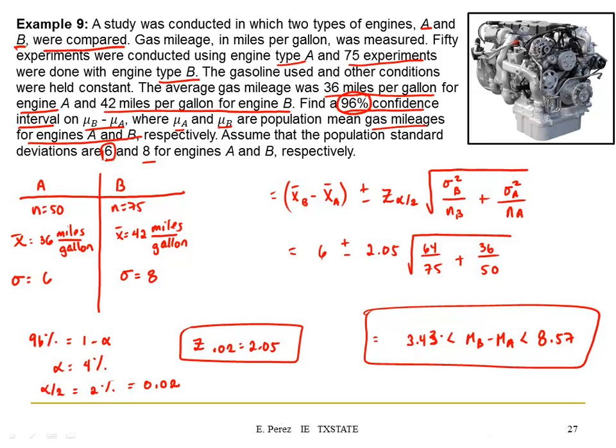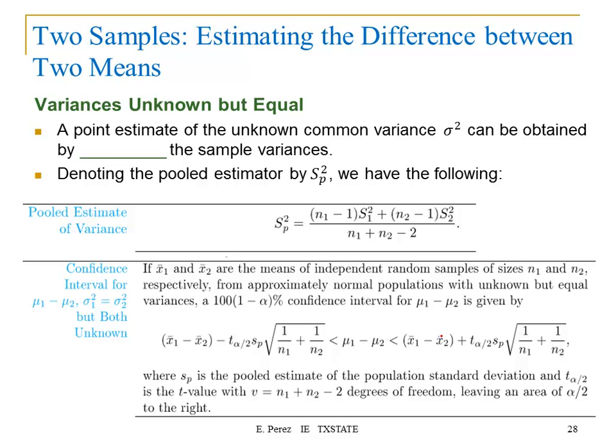Okay, let me do one more thing, and then I think that's enough for today. The next thing is basically the same type of problem, but in this case, we don't know the variance of the population. So what do you do when you don't know the variances? So far, what has been the strategy when you don't know the population variance? You use the t distribution, correct?